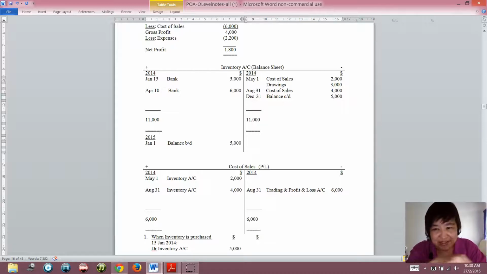He took it from the stock, but he took it for his own use, so it's not a business cost. He is indirectly taking resources from the company for his own use, correct?